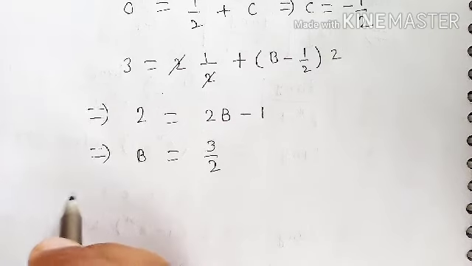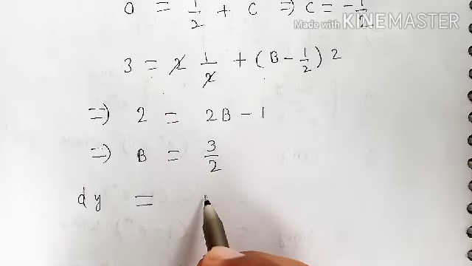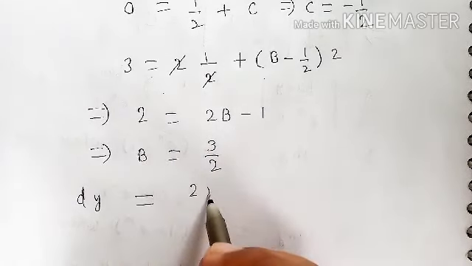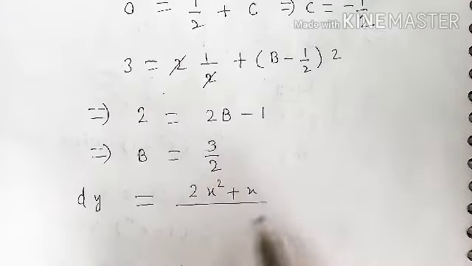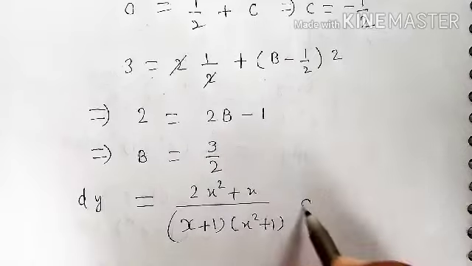Thus we have dy = (2x² + x)/((x + 1)(x² + 1)) dx.